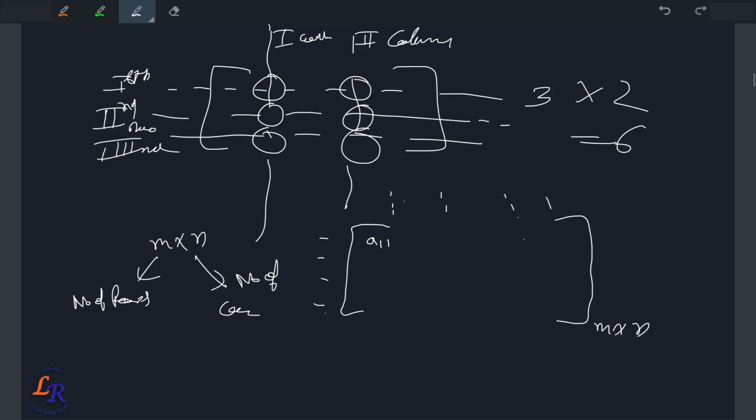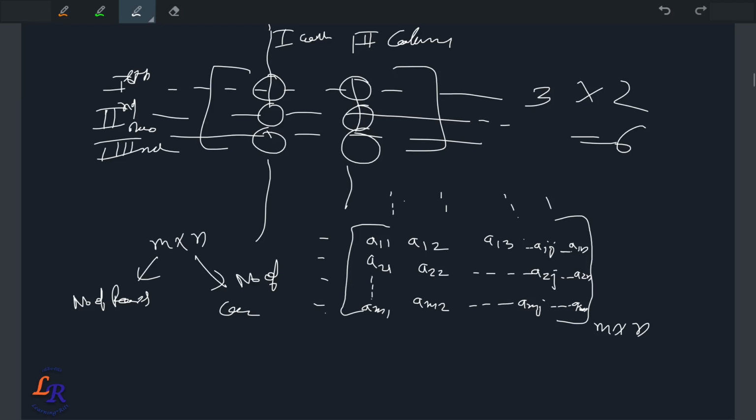Okay, so you can have a11, let's say a12, a13 and so on, a1j, a1n. Similarly here you can fill a21, a22 and so on, a2j, a2n, and then continue up to m rows: am1, am2 and so on, amj, amn, right?